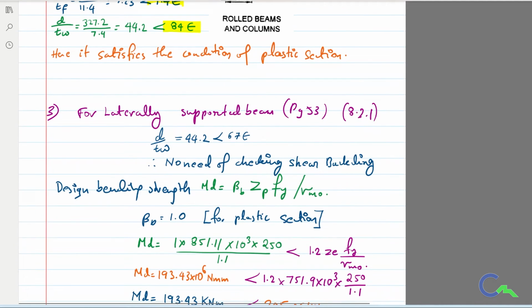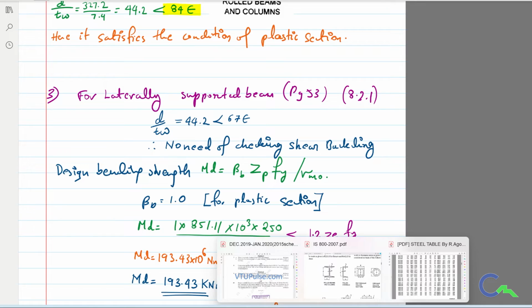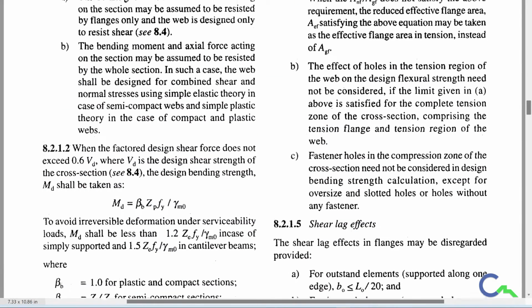Next, the second step. For the laterally supported beam, if I want to calculate the design bending strength, we have to refer to page number 53. So I will move on to IS-800 and go to page number 53. Here I am referring to page number 53.